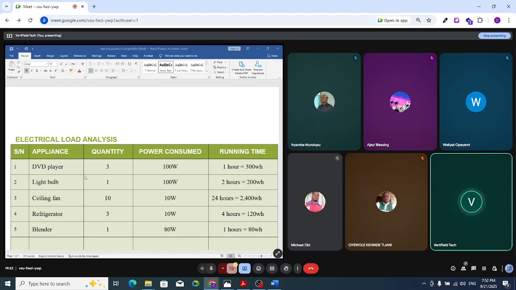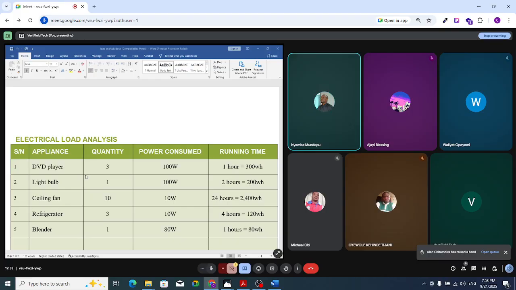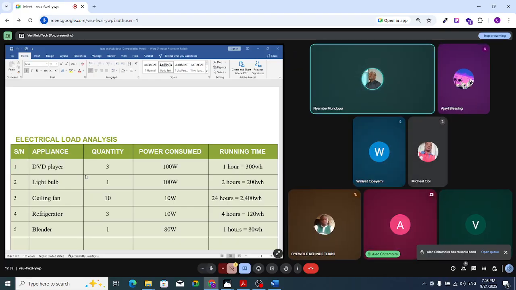So, is there anyone writing? Is there anyone calculating for us? Can you please do us the favor by telling us the total energy consumption? So, what is the energy need of this facility, please? Can anyone tell us? I wished I could myself, but because of the size of the font on the phone, I'm using a phone, I have challenges, and I can't.